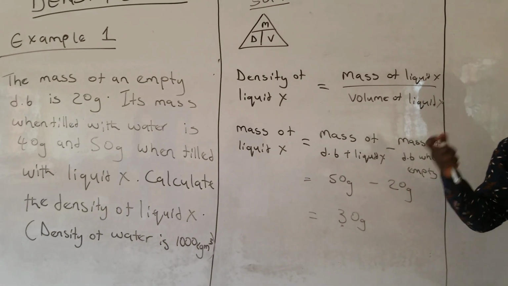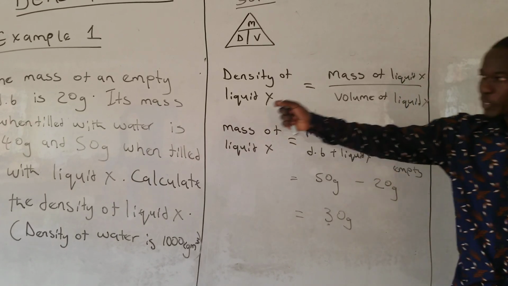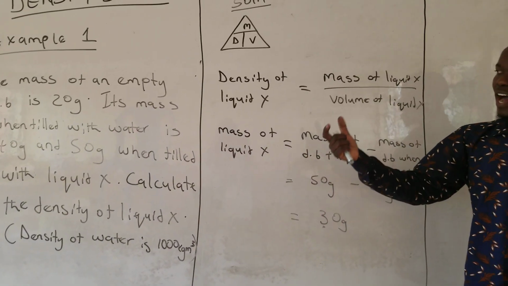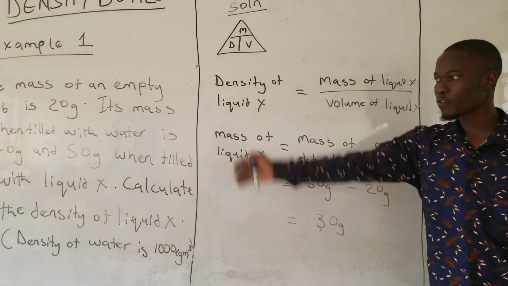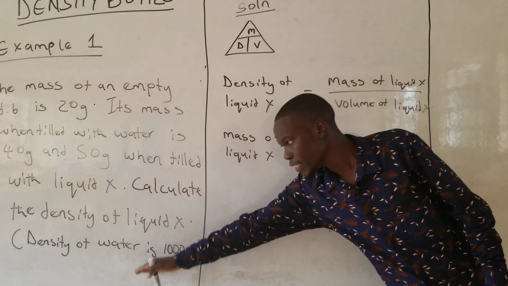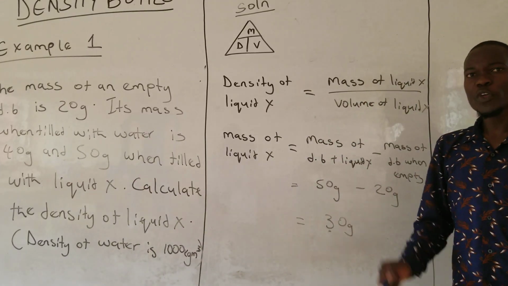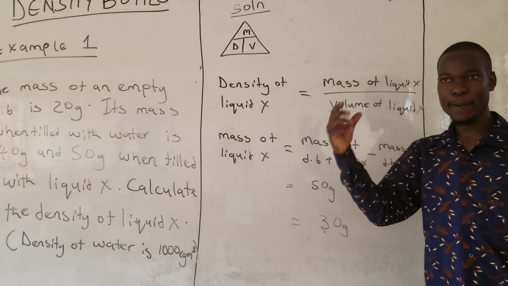Therefore, we have to first of all get the capacity of the density bottle. And in that question, we are given the mass of water. From the question, we can get the mass of water. And at the same time, we are also given the density of water. So we can use water to determine the capacity of the density bottle.